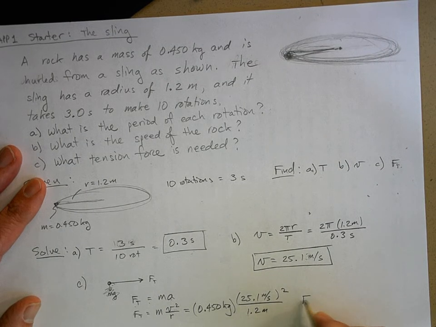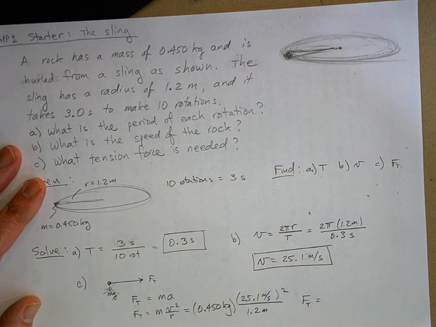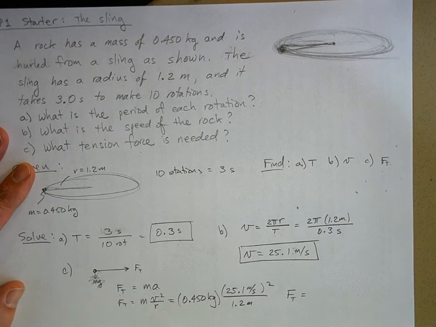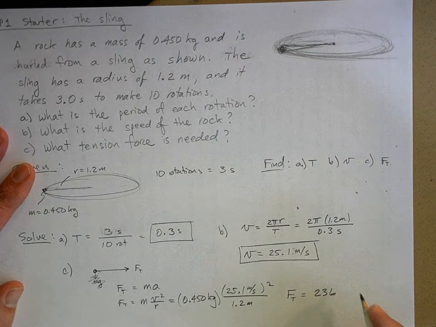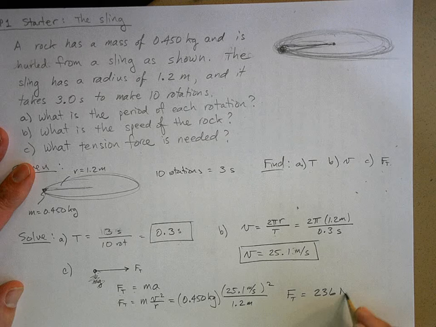And so the tension force equals 0.450 times 25.1 squared divided by 1.2 equals, now this is 236 newtons.